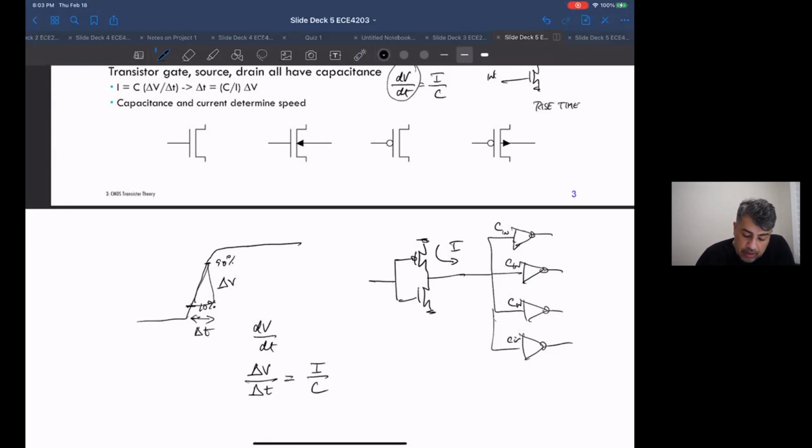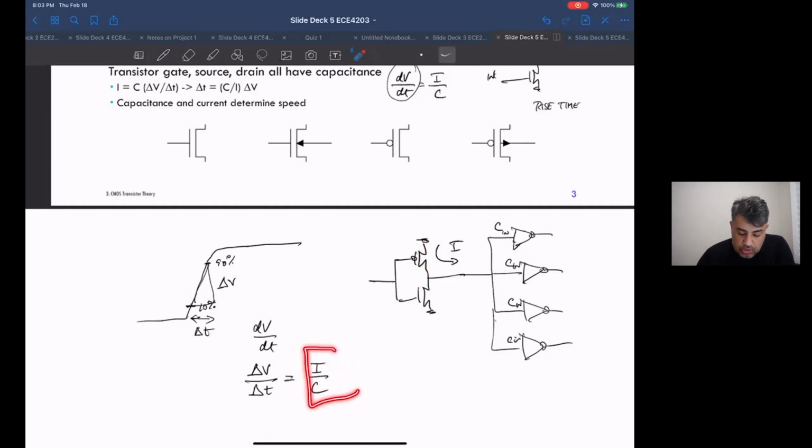The gates all have capacitances, the drains have capacitances, but what ends up happening is that delay in CMOS logic is all about these two parameters for first order: the current that your gate is sourcing and all the capacitances that your gate is driving.